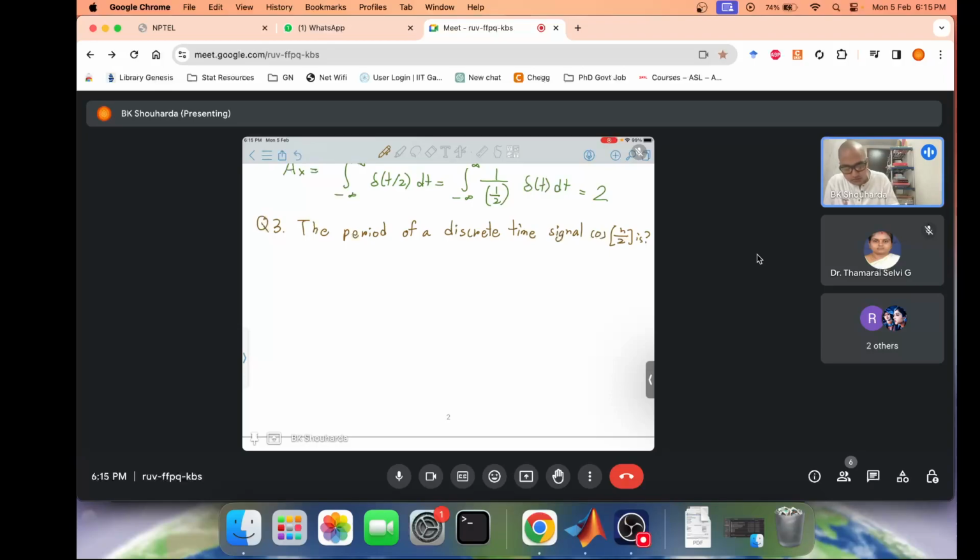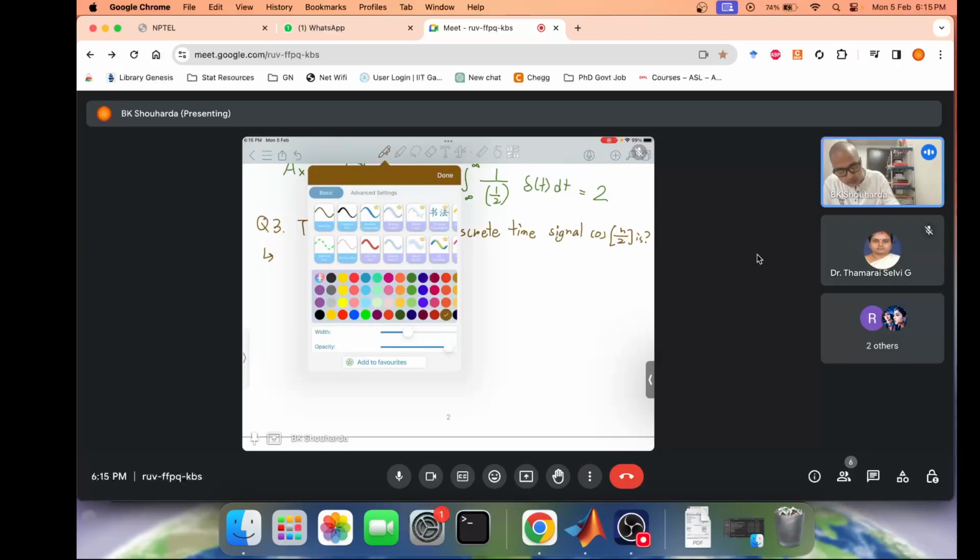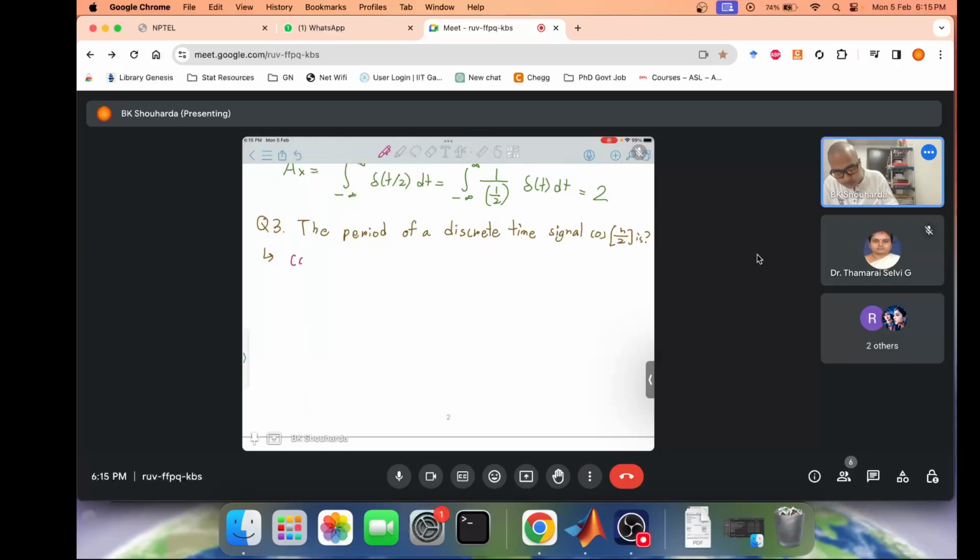Okay, so note that for a sine, or let's say cosine of omega naught n plus phi, the time period is given by T equals 2 pi upon omega naught.